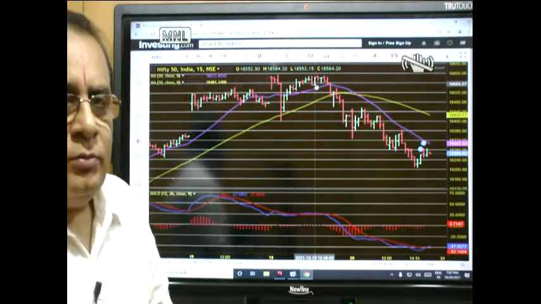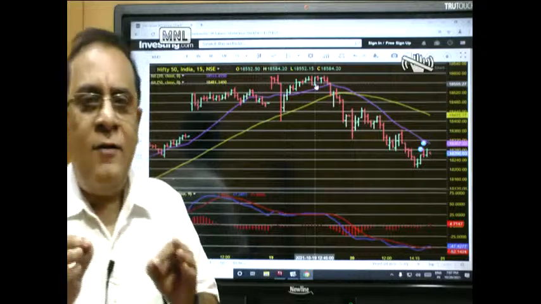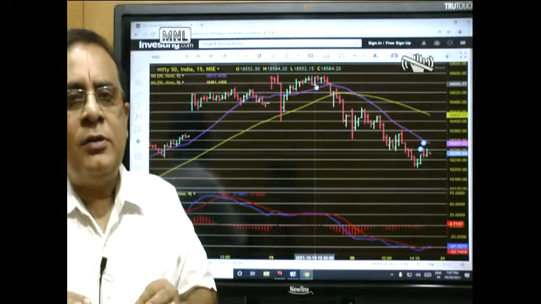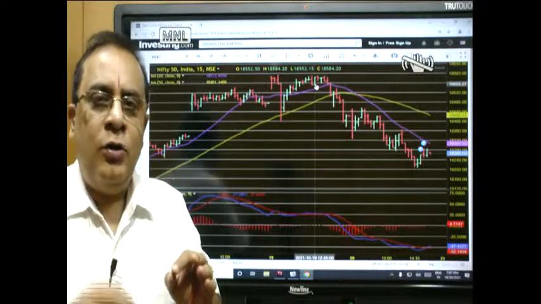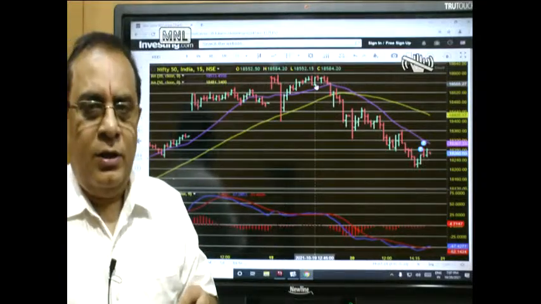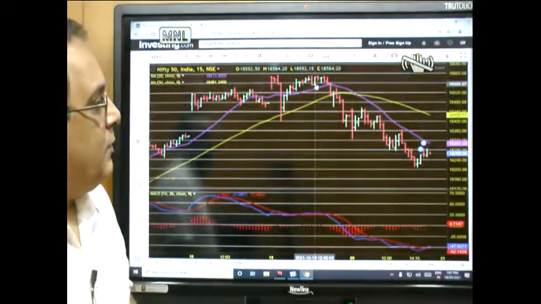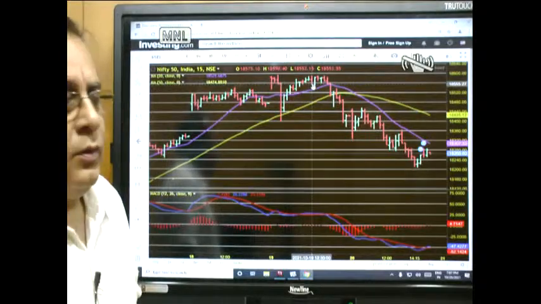So the pivot low should have the low which is lower than the previous bar's low, which is also lower than the succeeding bar low. If that be the case, then this is called a pivot low. So this is a pivot low.